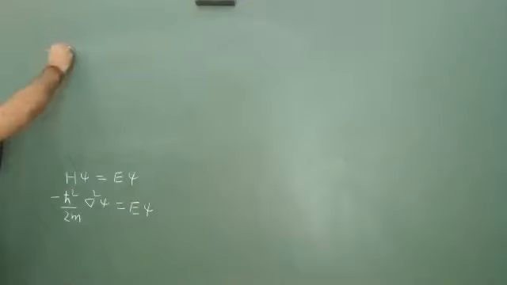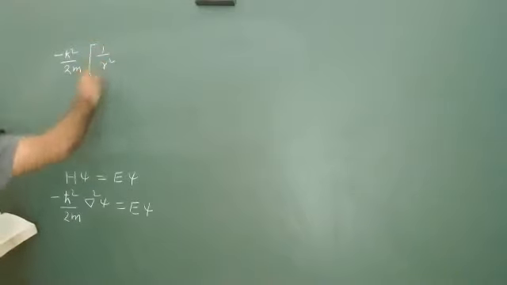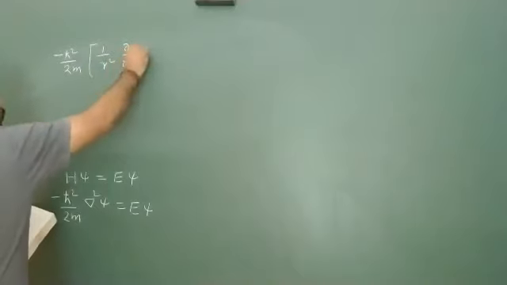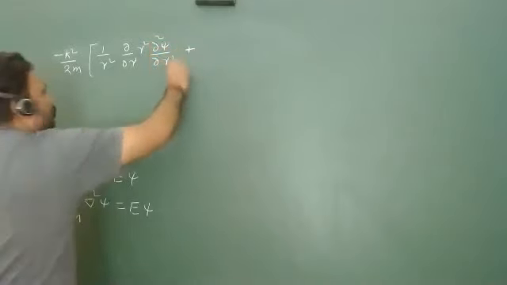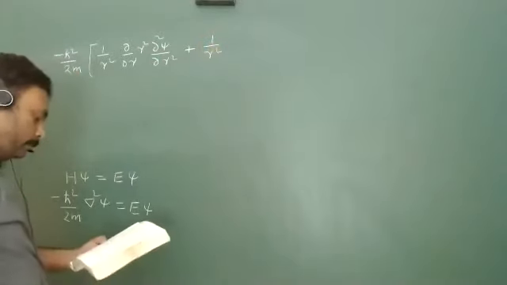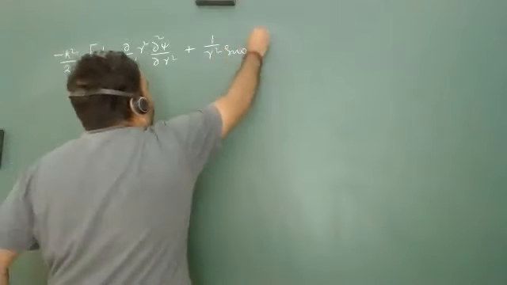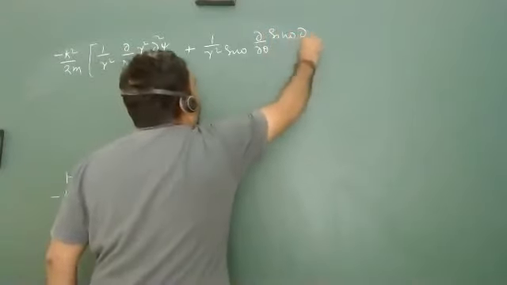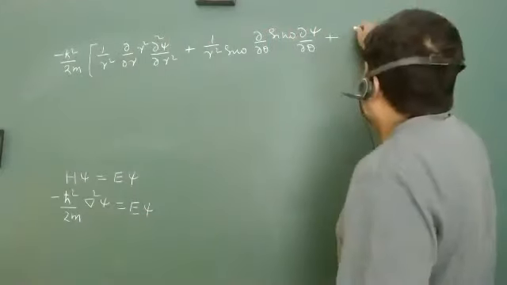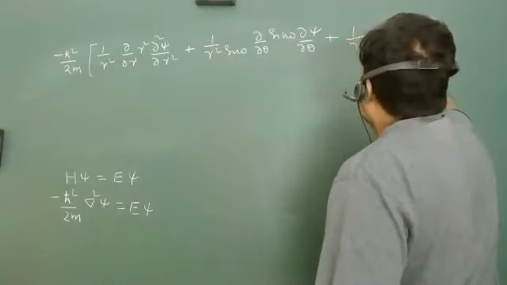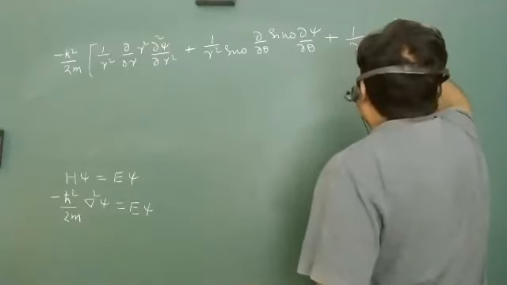So obviously the equation is minus h-cut square upon 2m, and for del square, the Laplacian in spherical polar coordinates, if you remember, it will be 1 upon r square del upon del r of r square del psi upon del r, plus 1 upon r square sine theta del upon del theta of sine theta del psi upon del theta, plus 1 upon r square sine square theta del square psi upon del phi square.